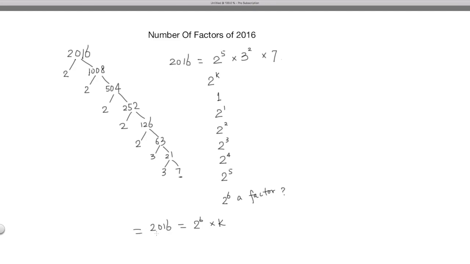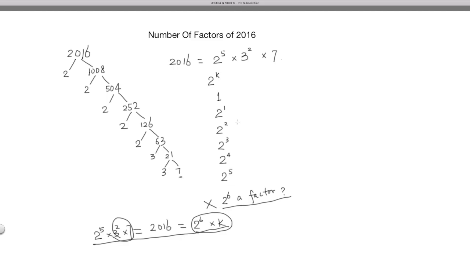But on the left side, 2016 only has 2 to the 5 times 3 squared times 7. So that's impossible, because I can divide both sides by 2 to the 5. The left side is an odd number, but this side is going to have 2 times k, which is an even number. So that's impossible. 2 to the 6 is not a factor.